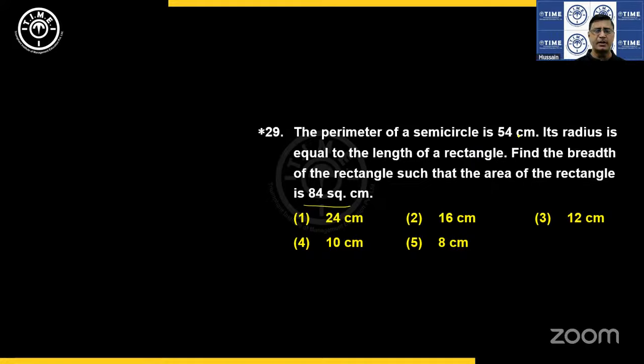Perimeter of a semicircle means pi r plus d, which is equal to 54 centimeter. If the radius of the circle is equal to the length of the rectangle, the breadth value is to be found.